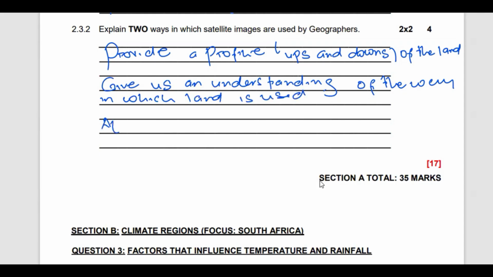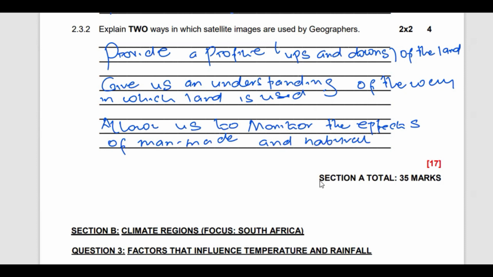Okay, they allow us to monitor the effects of man-made and natural disasters.